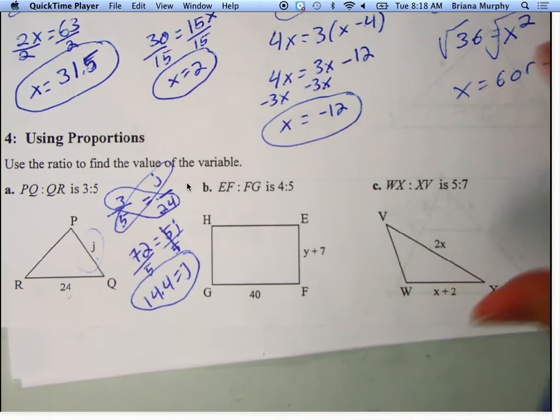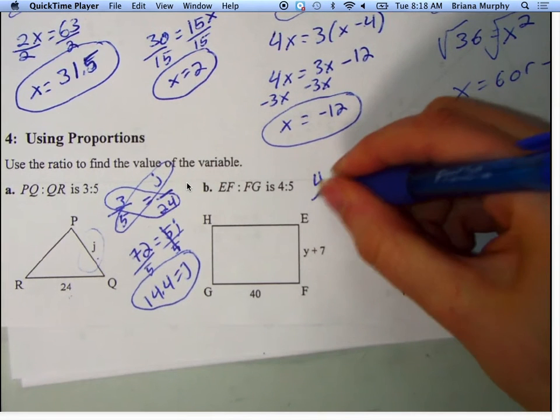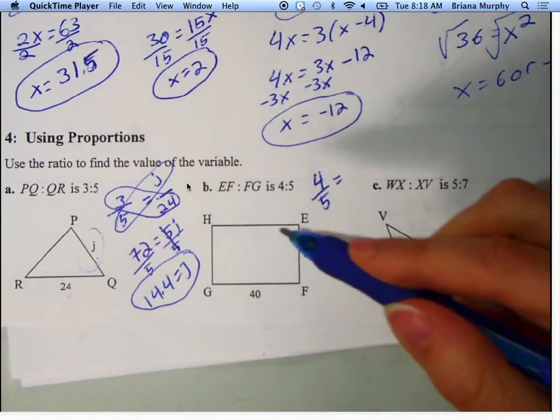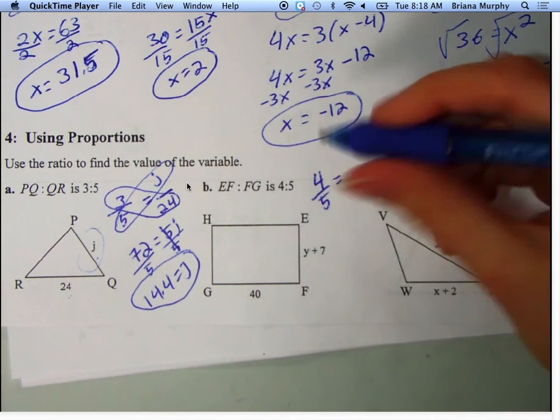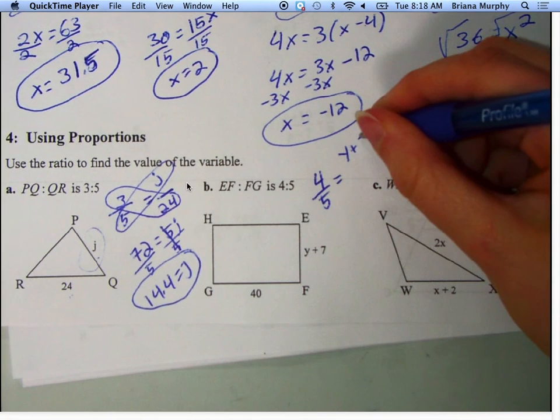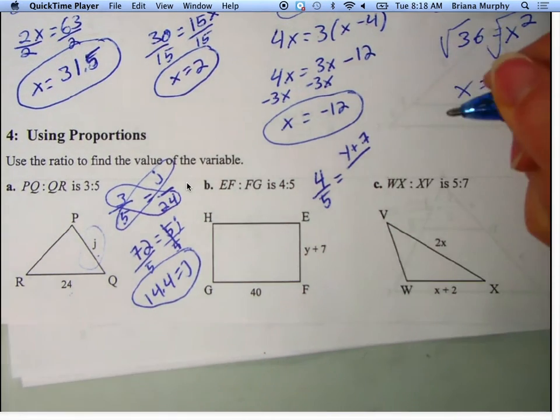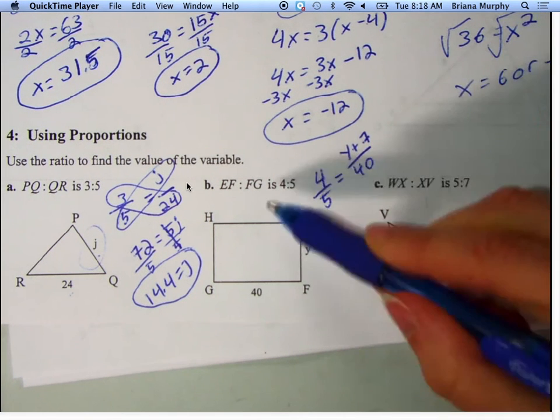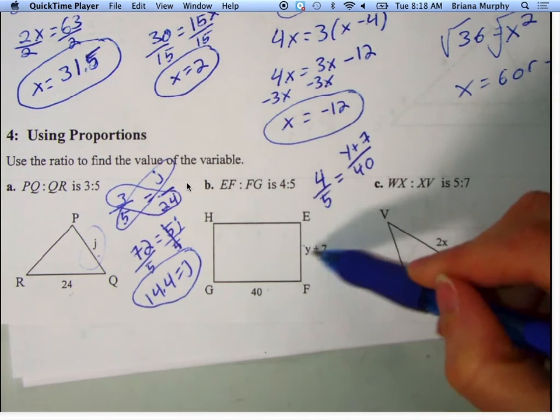Let's try the next one. I've got 4/5. What matches 4? EF or FG? EF, because it came first and 4 came first. So E to F is y plus 7. F to G is 40.